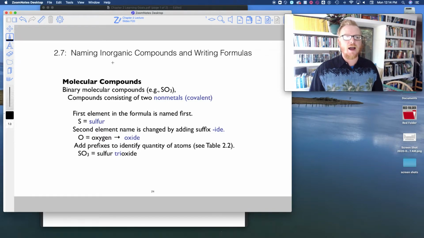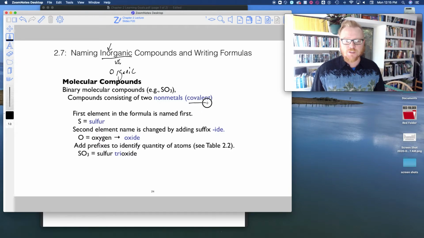So naming, and all the naming we're going to do in this class is on inorganic compounds, okay? And I'll talk about that at the end. The difference between inorganic versus organic, okay? We're just focused on this for this class, okay? And so there's a couple different types.